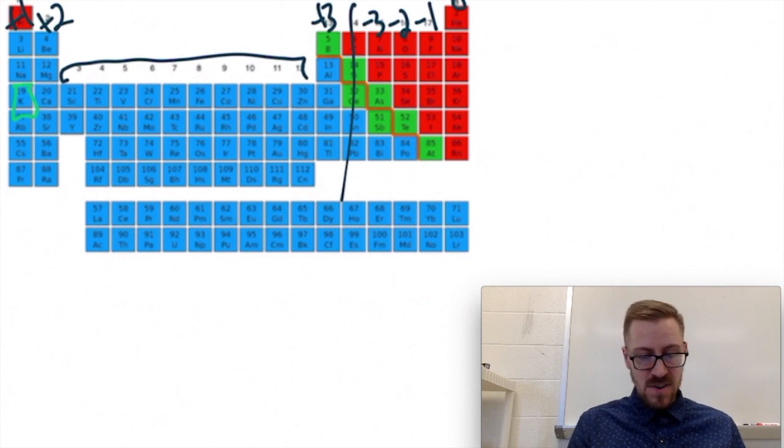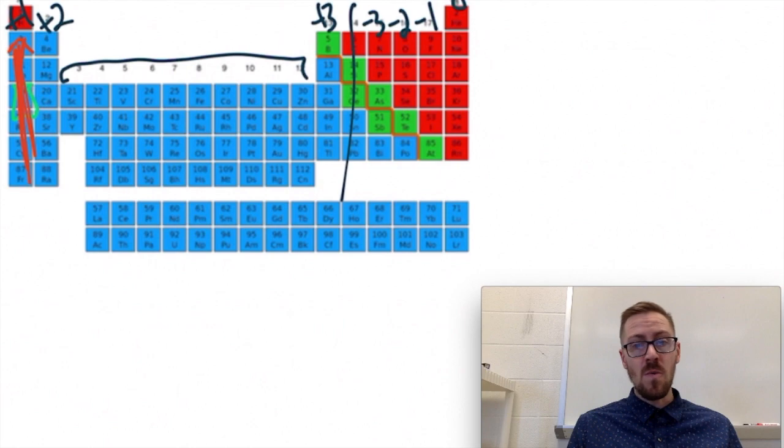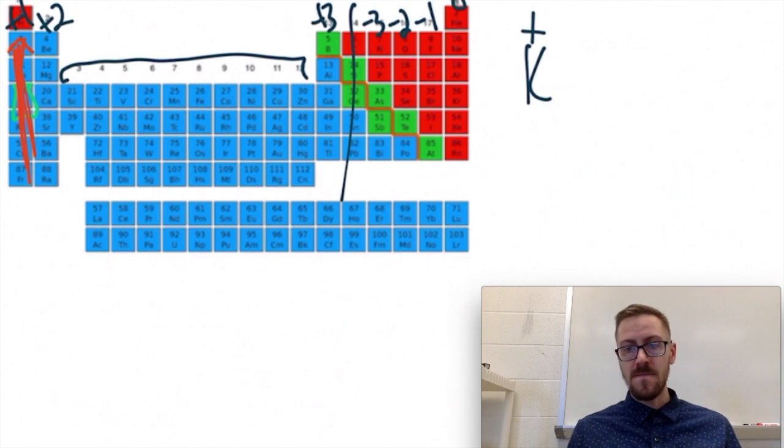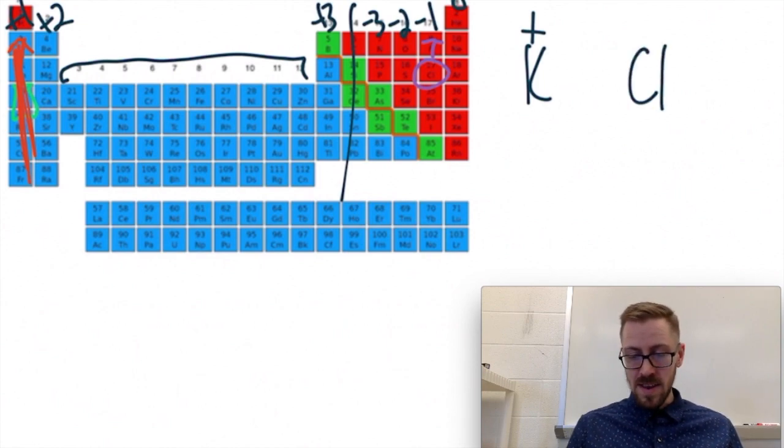Since that's in the first column, we go up and we see that's a +1 charge. So we have potassium with 1 positive charge. If I ask you about chlorine, chlorine is right here on the periodic table. That's a -1 charge for that column. So it would be chlorine -1.